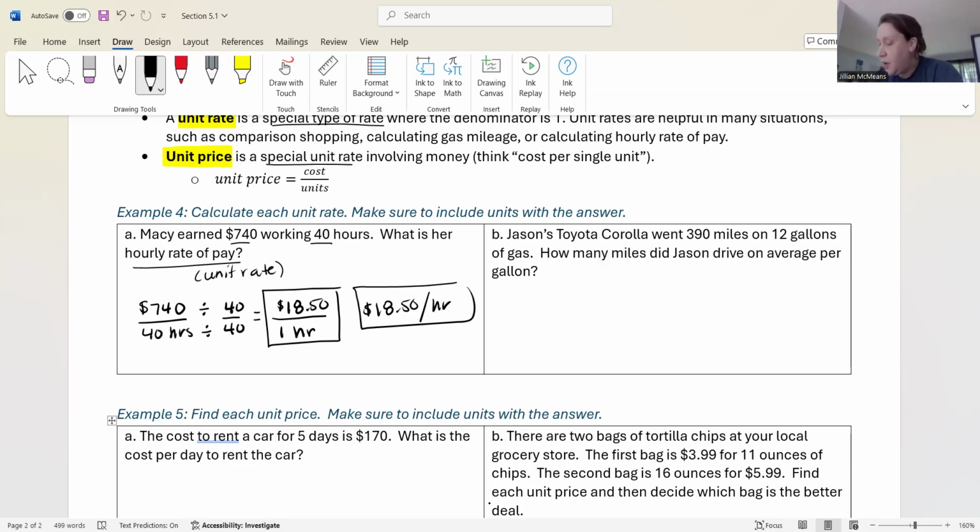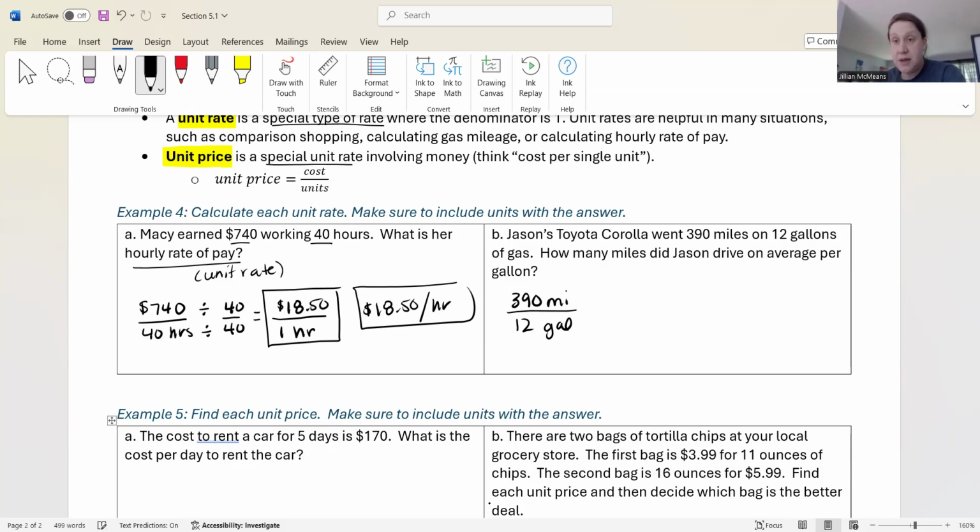Okay. Now for part B, it says Jason's Toyota Corolla went 390 miles on 12 gallons of gas. How many miles did Jason drive on average per gallon? Again, if we're wanting to know some quantity per some single unit of the other quantity, it's a unit rate. So let's start by just writing this as a regular old rate. We would say, okay, we had 390 miles on 12 gallons of gas.